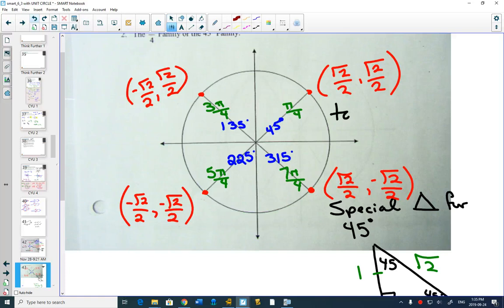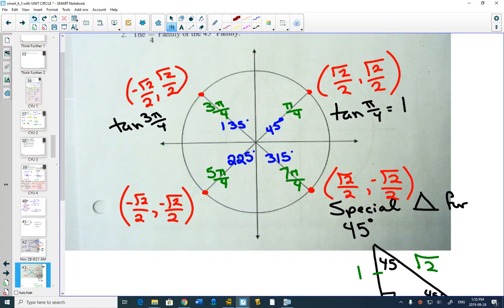And if we write tan of pi over 4, or 45 degrees, we already know that that's 1. When you go to 3 pi over 4, again, it's the same triangle, so opposite over adjacent is still going to be 1.